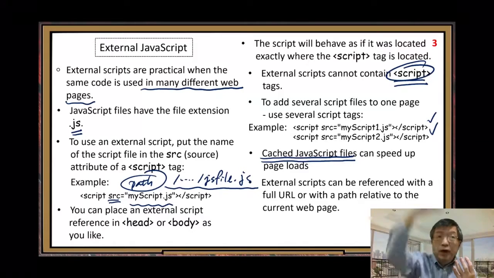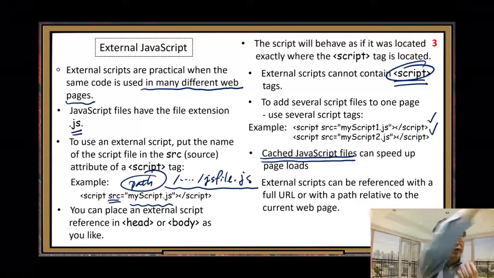It's on a different server. That is also okay. In that situation, you only need to specify the full URL of that JavaScript file. Then you can still use it the same way as you use one from the same server.